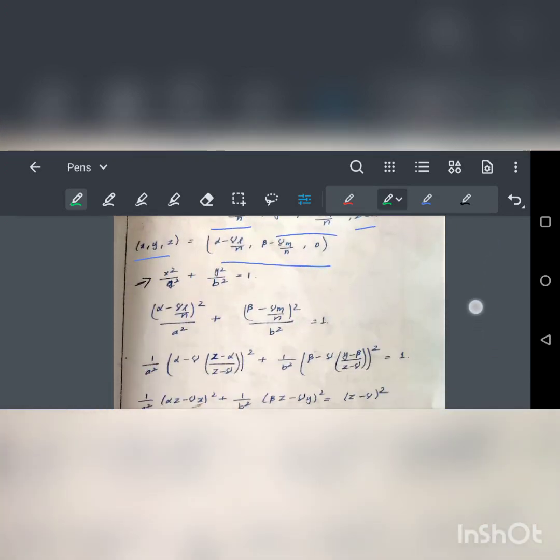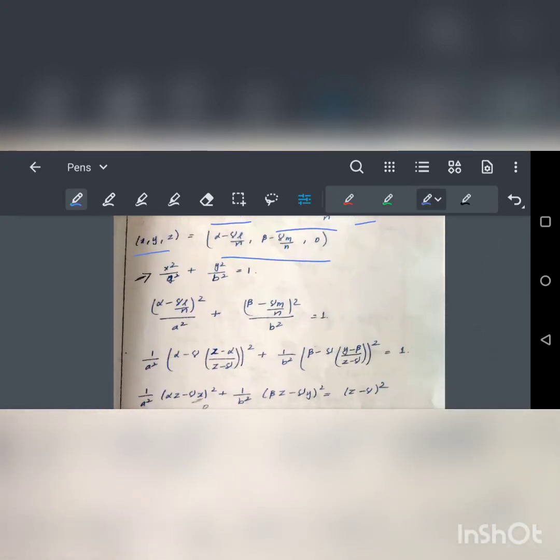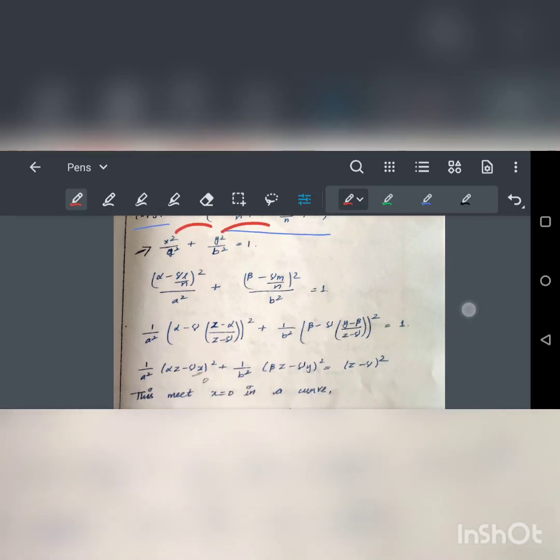The equation of the ellipse is given by x square by a square plus y square by b square is equal to 1, and replace the value for x and y here, so that you will be getting alpha minus gamma L divided by n the whole square by a square plus beta minus gamma m divided by n the whole square by b square is equal to 1.